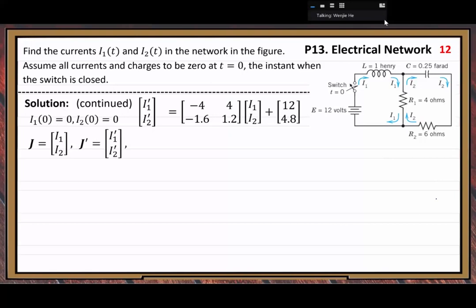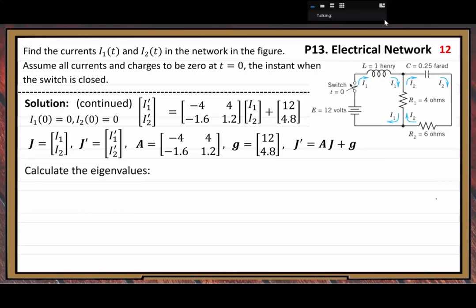So J prime equals a derivative version. Capital A matrix and little g. So we have this non-homogeneous linear system of ODEs. First, calculate the eigenvalues.